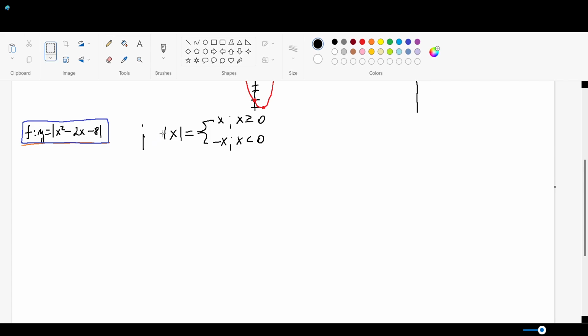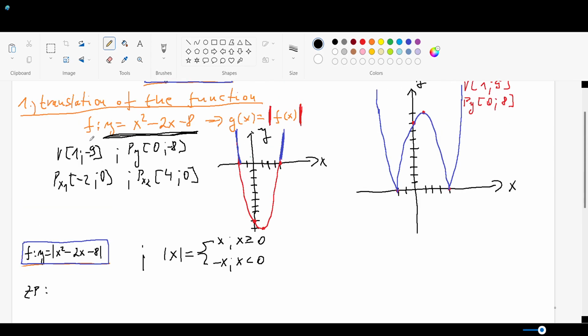To use such a definition, you have to find the zero points and then express the expression in the absolute value for the specific intervals of x values. So in this case I will use the information already found. What are the zero points of this function?